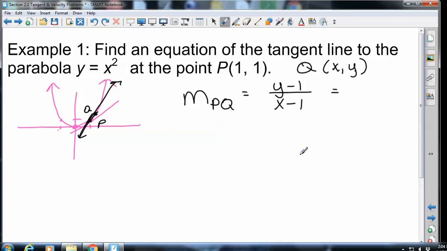So could I change this y to an x squared even? So I have an equation for finding slope. Still not my exact point, but I'm getting closer. Alright, did I give you guys a blank slide after? Yeah. Good. Okay, I'm going to make a table here.